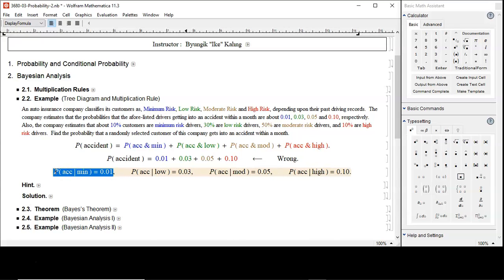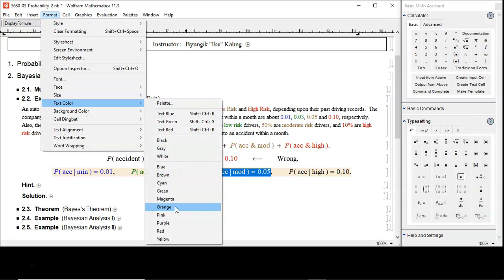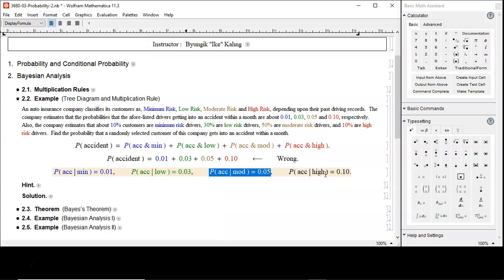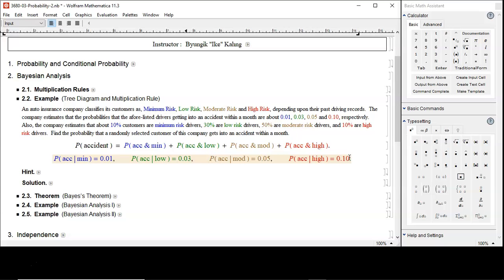Let me go ahead with this color coding. Brown. This one's correct. This is wrong. So this is what we want. And this is wrong. The problem is not that simple. So wrong, so let me just get rid of it now. Now this is correct. So this is what we want. And that's correctly given condition.